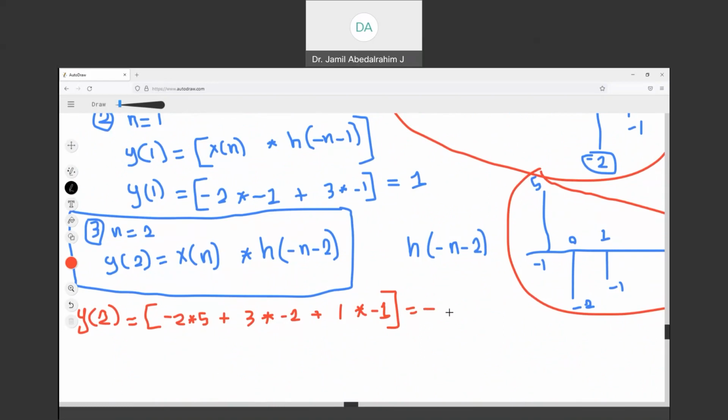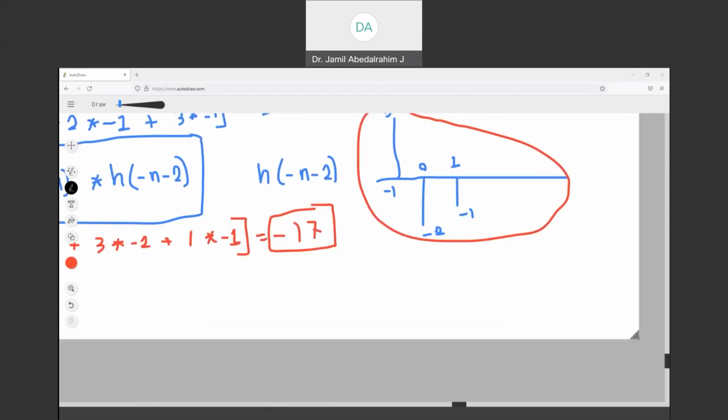So will be negative 17. Negative 10 plus negative 6 minus 16 plus minus 1 minus 17. So the result is minus 17 when n equal 2.